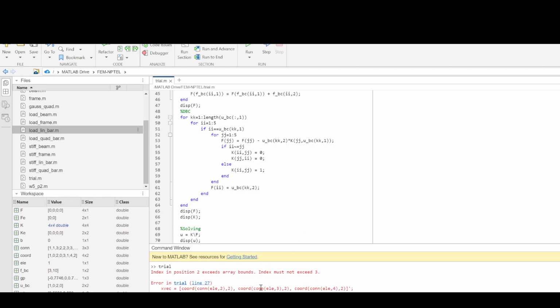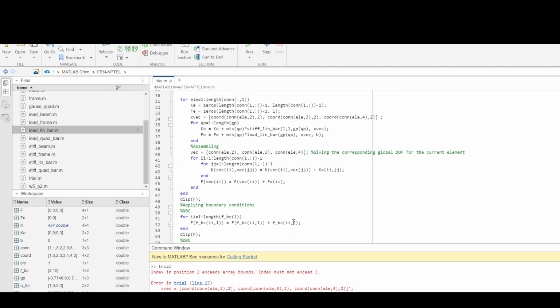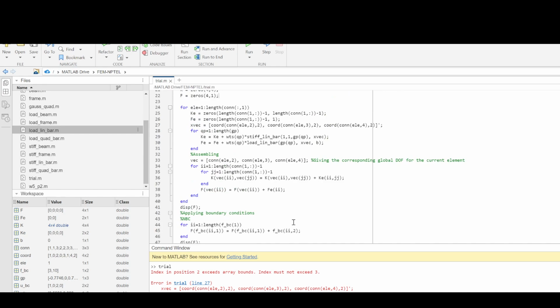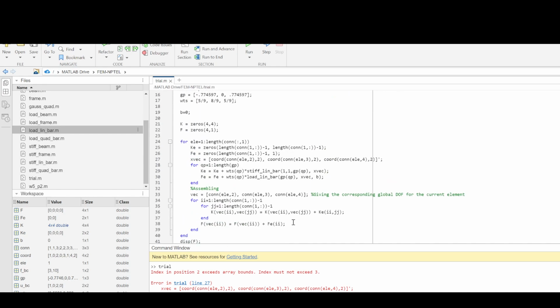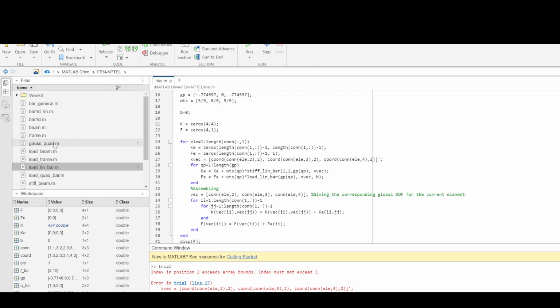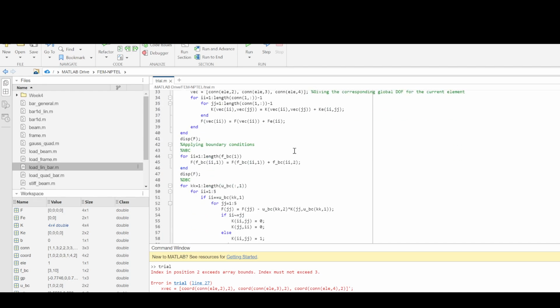Okay, we have some issue here. Actually, this code is written for quadratic elements, not linear.